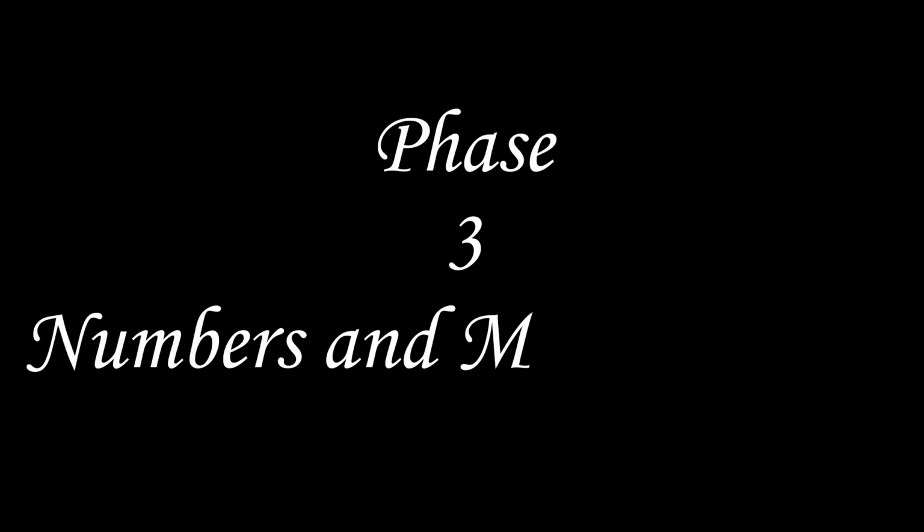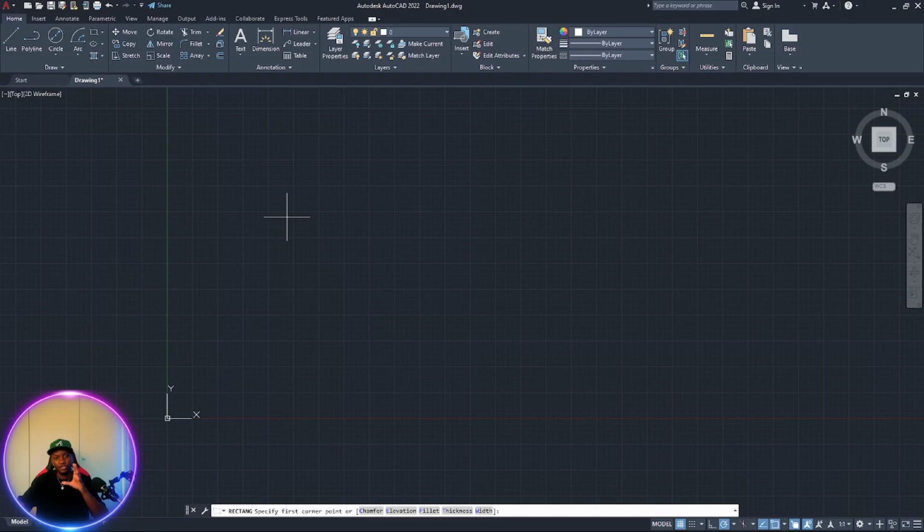So let's get into numbers now, like how to use numbers to control the shapes. Let's say you want a rectangle with a length of 5 millimeters by 10. Press line, and click where we want to start.